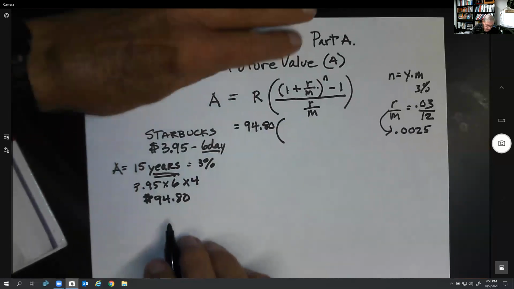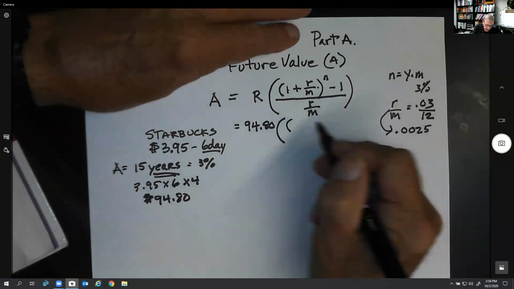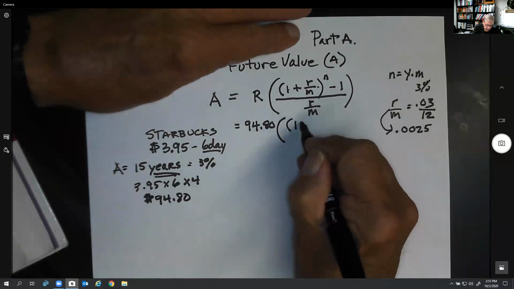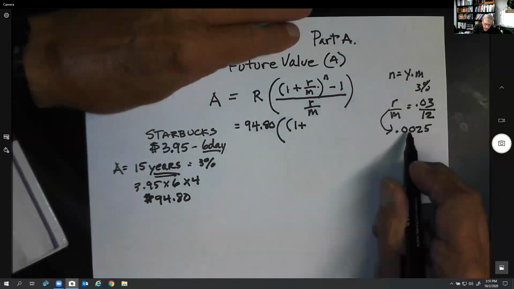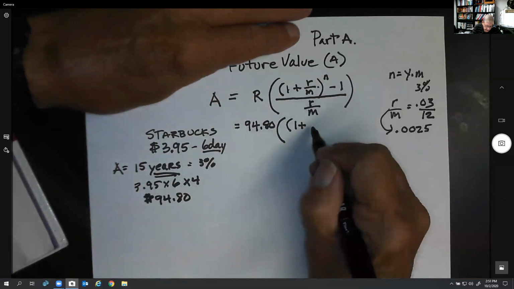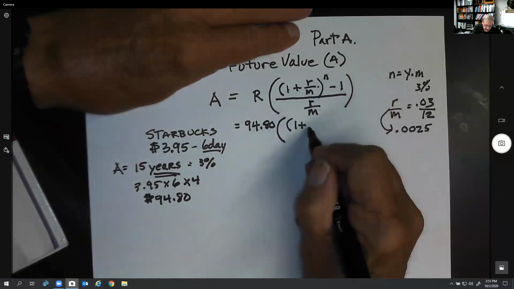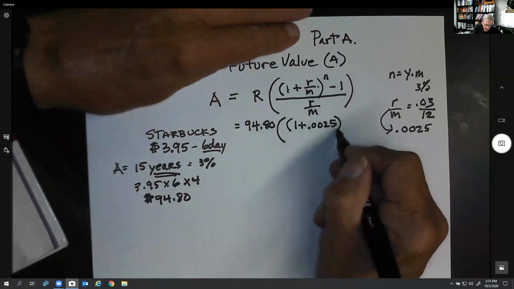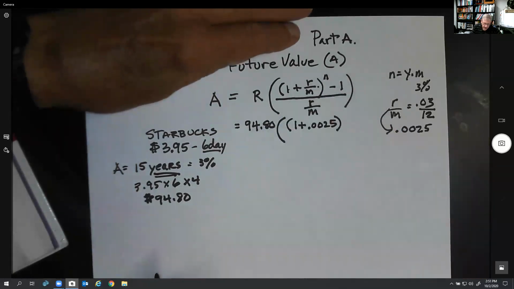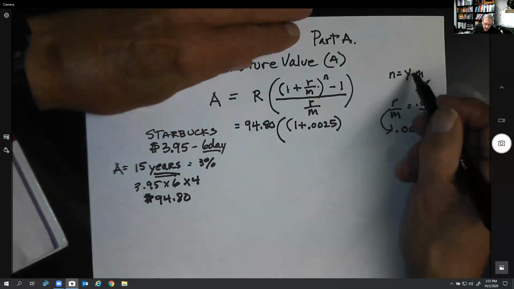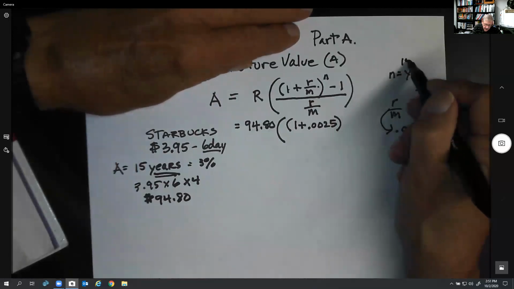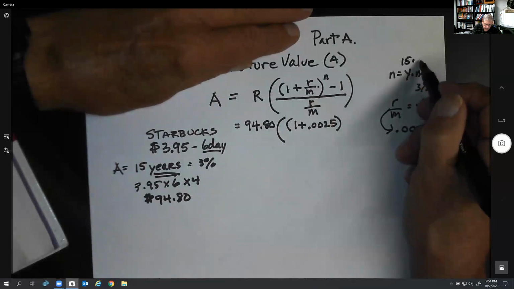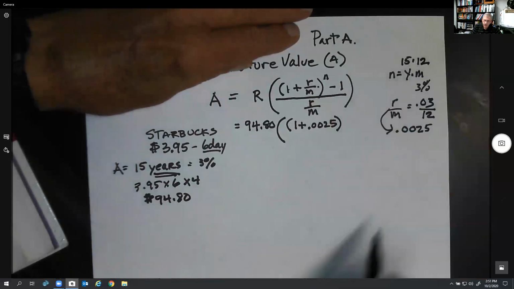Okay, so we're going to put into this program 1 plus 0.0025. We already divided that out. See, save time if you do this first. Now, N is the number of times it's compounded. So that's the number of years, 15, times the number of months in a year, 12.